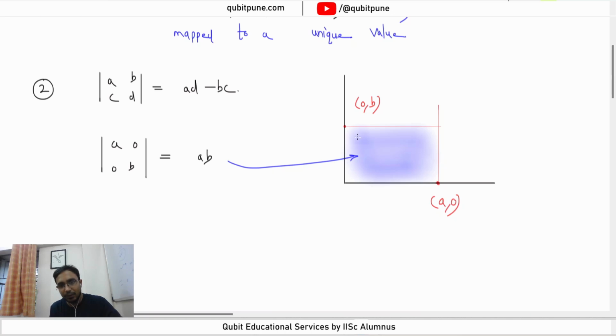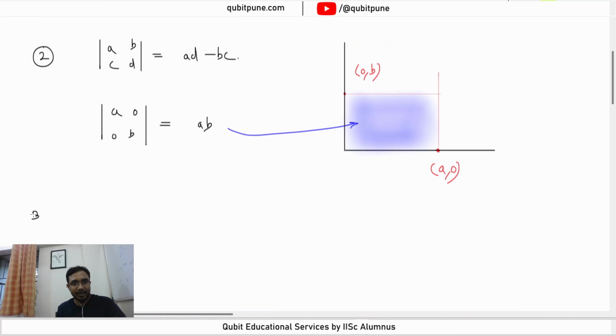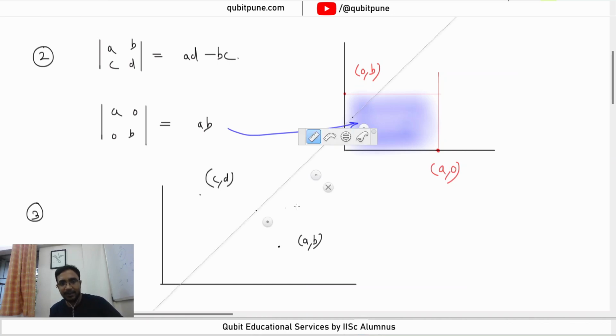Now, is this a coincidence that with the way we have got the other two numbers 0, that we have got this area? Does AD minus BC also represent area? The answer is yes, it does. Okay, so see, point 3. Suppose I take 2 points A comma B and C comma D in the xy plane.